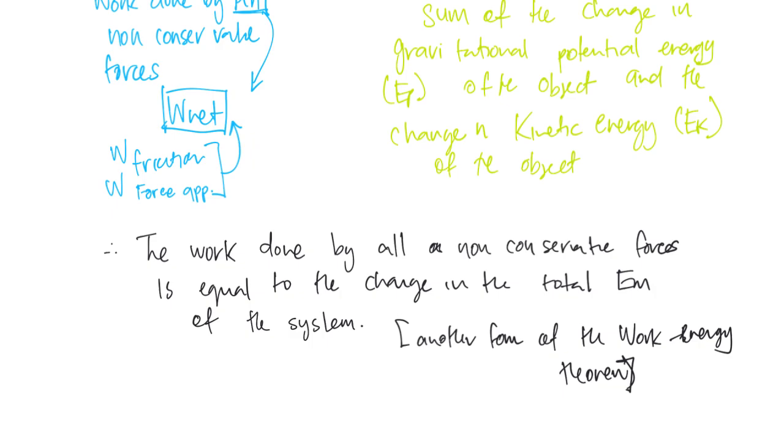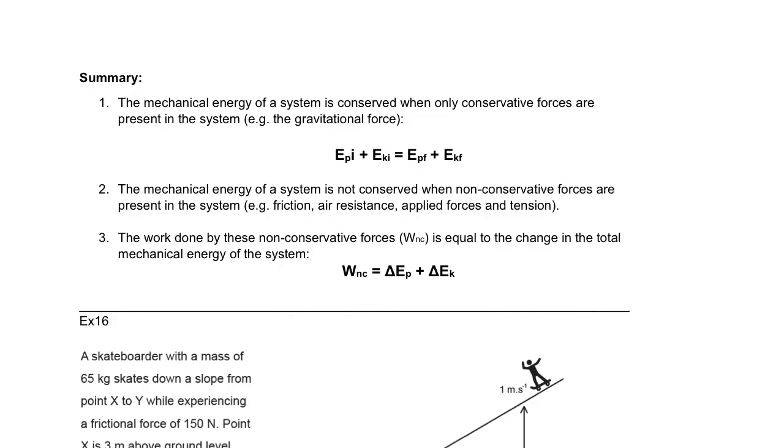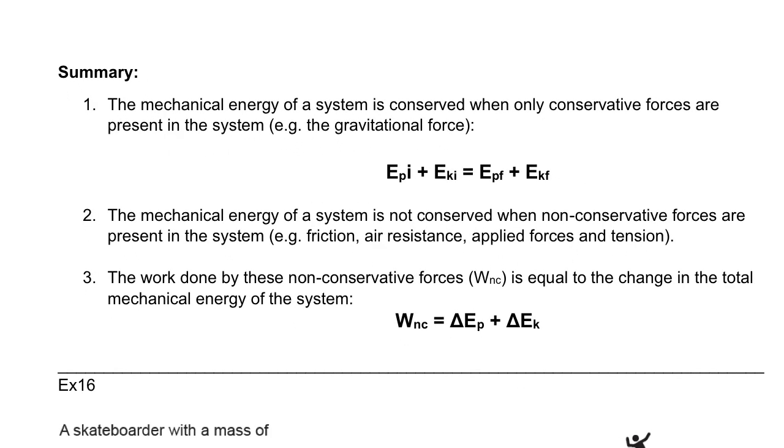Let's have a look at a little summary. This is the last little bit, and I'm just going to add a bit of notes to this. What I can see is that the mechanical energy of a system is conserved when only conservative forces are present in the system, like the gravitational force.